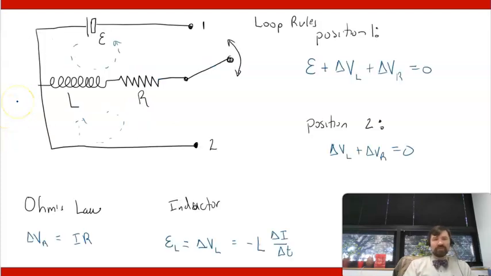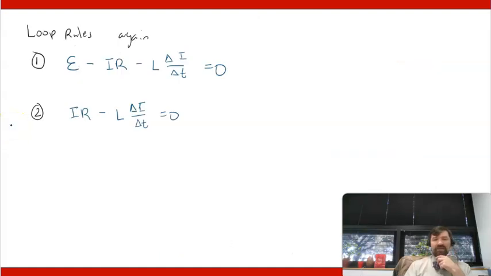Well, in this one, as the battery is plugged in, I expect the current to start ramping up, and so my current is increasing from 0, so delta I over delta T and I are in the same direction. Down here, the current is dying down because you removed the battery from the loop, and so delta I over delta T and I are in opposite directions. Okay, so that explains the relative signs in these two.